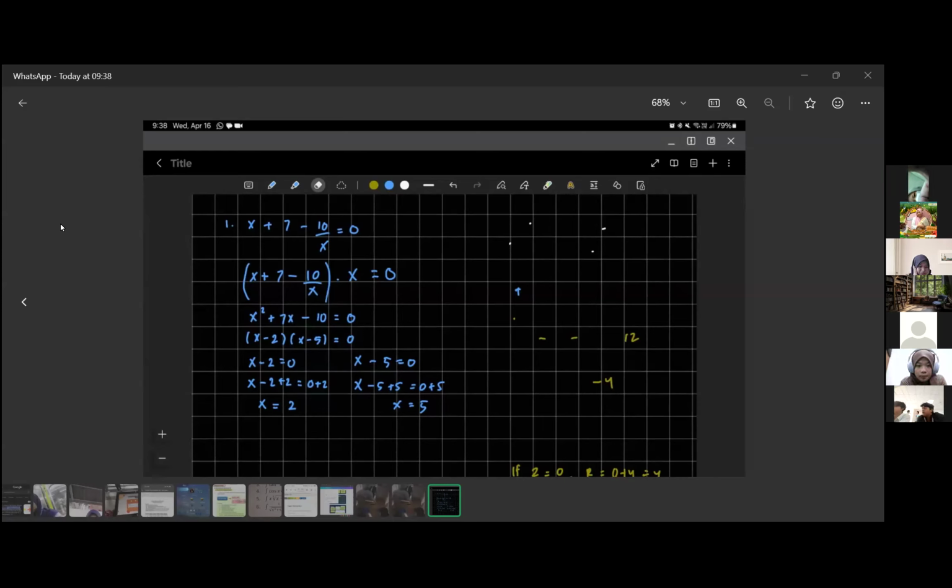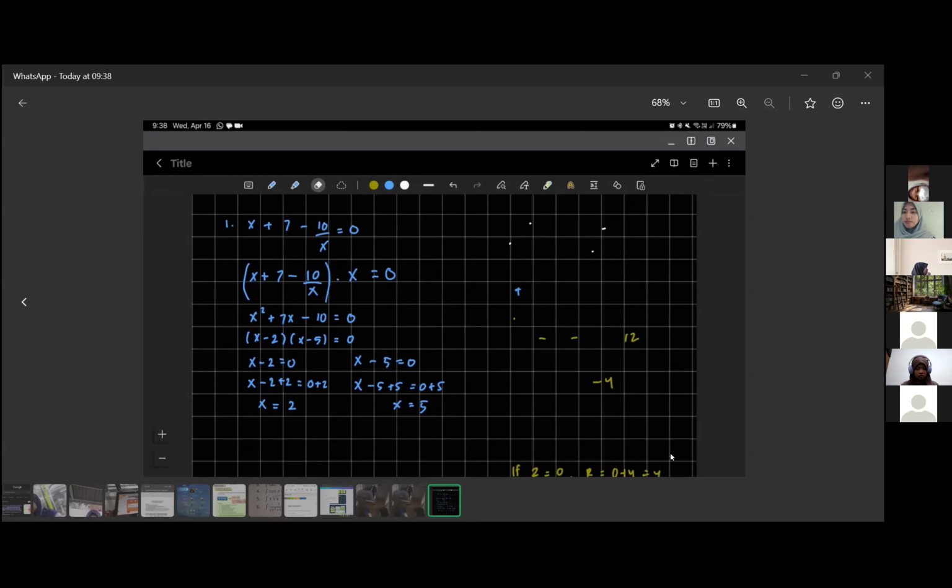We are given the equation x is added to 7, then subtraction of 10 over x equals 0. To eliminate the fraction, we multiply the entire equation by x: open bracket x plus 7 minus 10 over x close bracket multiplied by x equals 0.